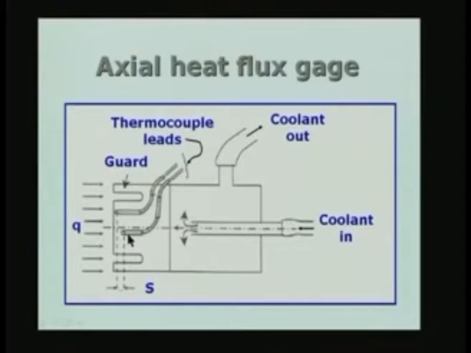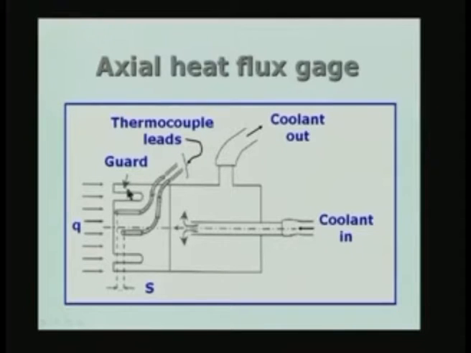Similarly, I have a second hole which is drilled, but to a slightly greater distance away from the front surface. Therefore, there is a gap between this thermocouple and this thermocouple in the axial direction. This thermocouple lead is also taken outside, and I am going to measure the delta T across the two thermocouples by connecting them in the differential mode.